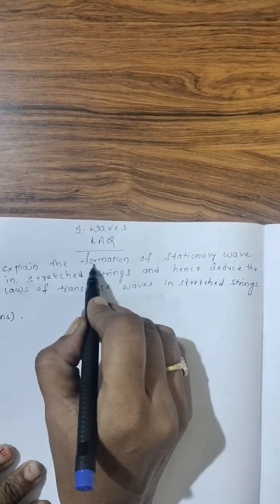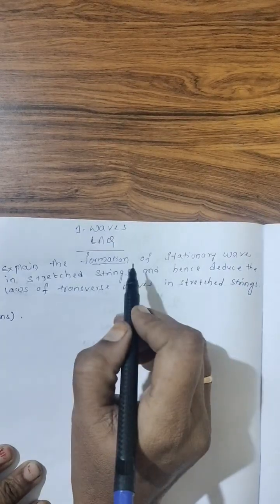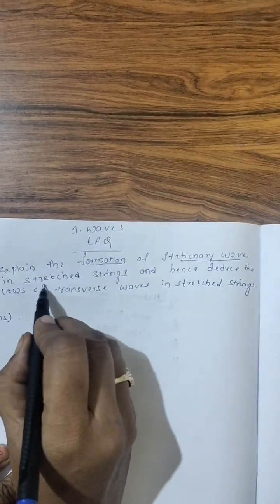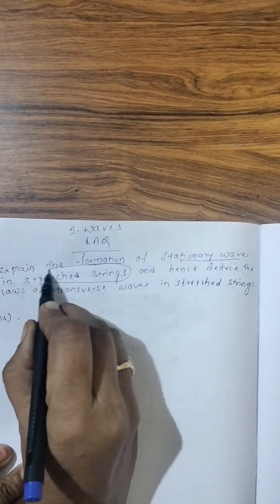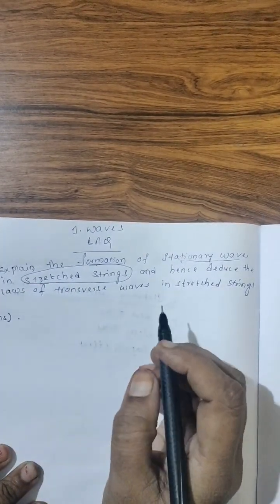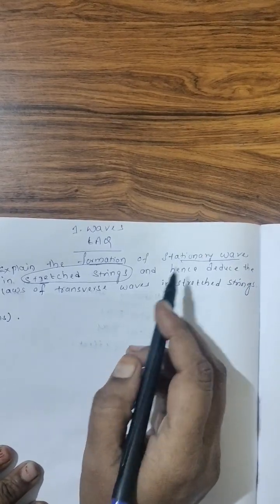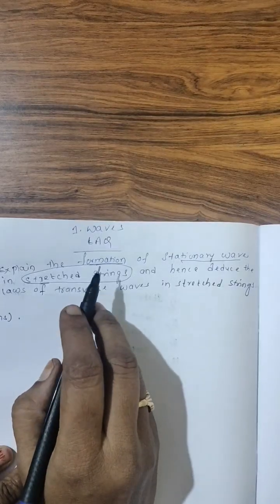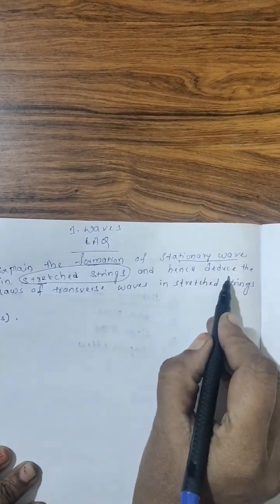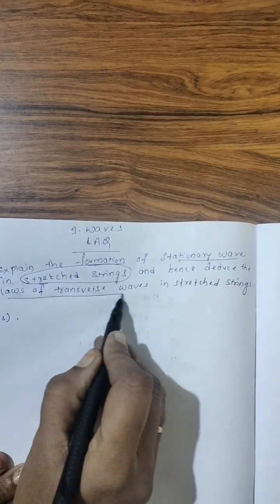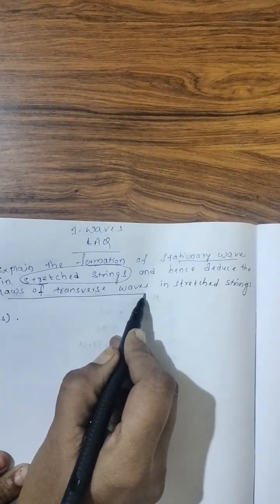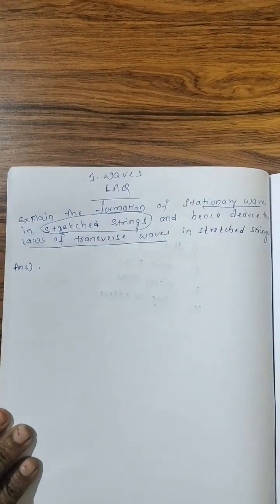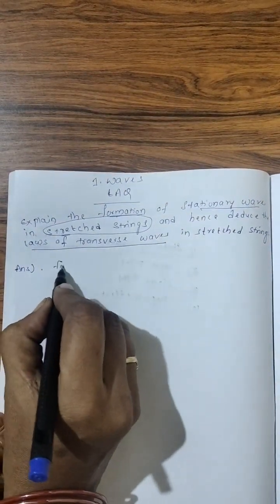First, the formation of stationary waves in stretched strings. He is asking to explain the formation of stationary waves in stretched strings. After that, he is asking to deduce the laws of transverse waves in stretched strings. So first, let us go for the formation.